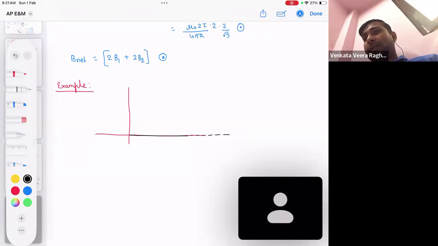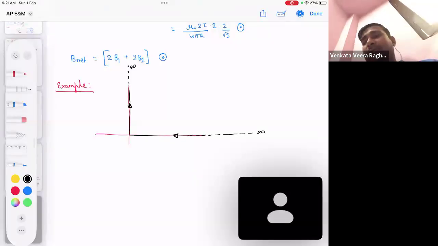This end is extended up to infinity, and then the wire is bent along the y-axis. This is also infinity, and this is how the current is flowing in the wire. Understood? So it is like one end of the wire is at infinity, one end is at the origin. The wire is kept along the x and y axes.